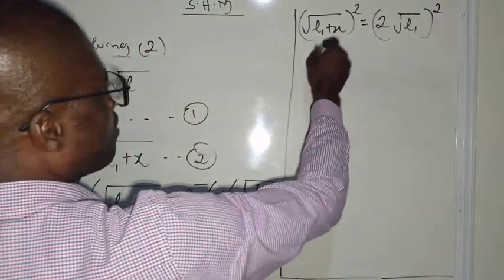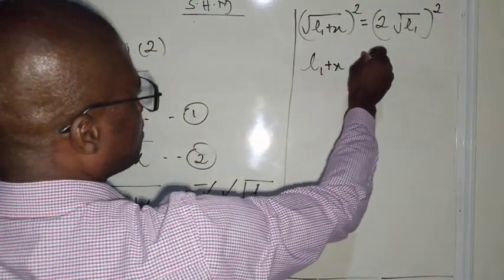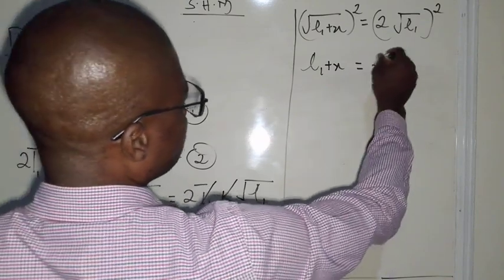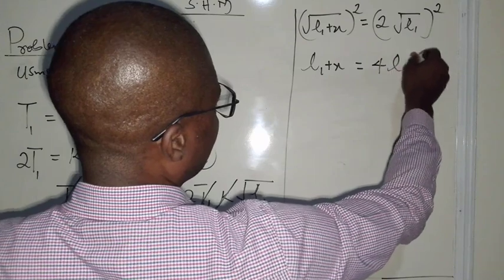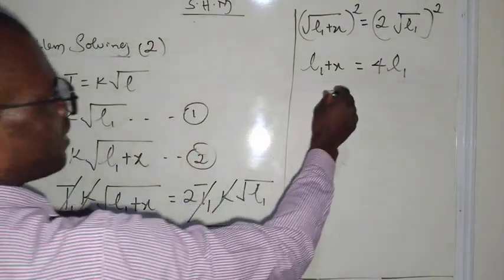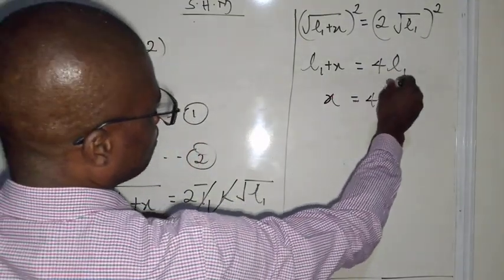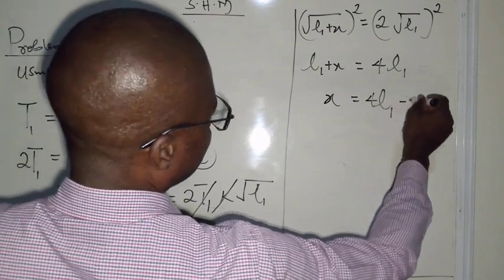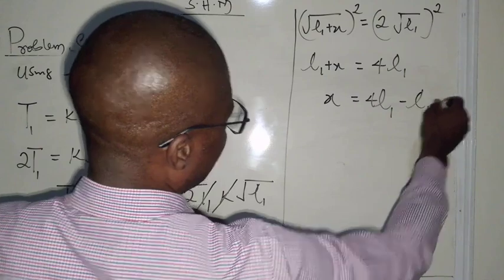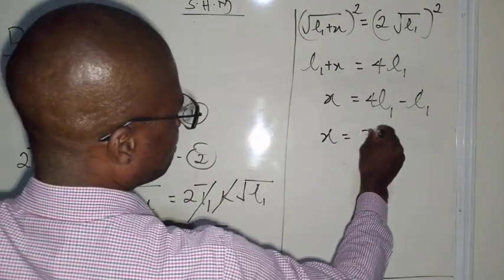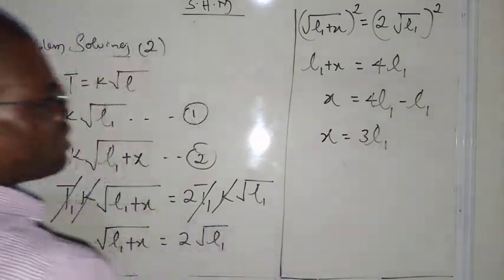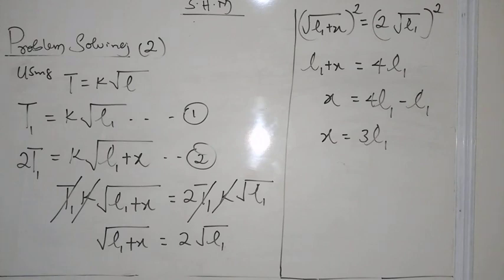So L1 plus x is 4 L1. So x will give us 4 L1 minus L1. So x is 3 L1. So that is the value of x.